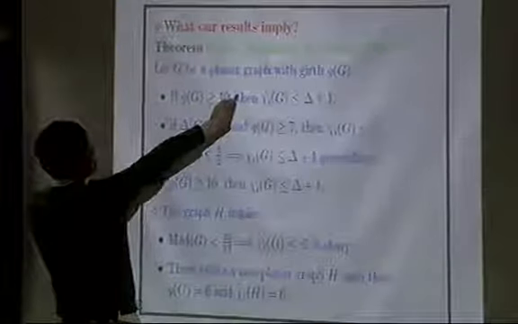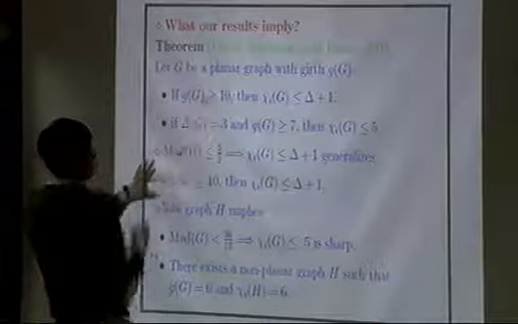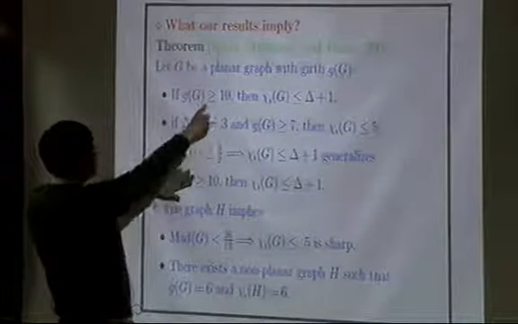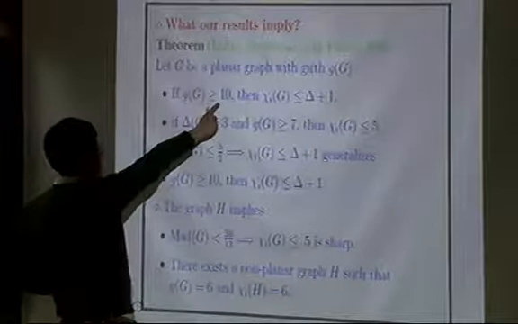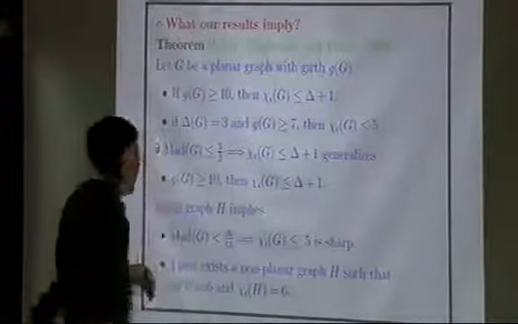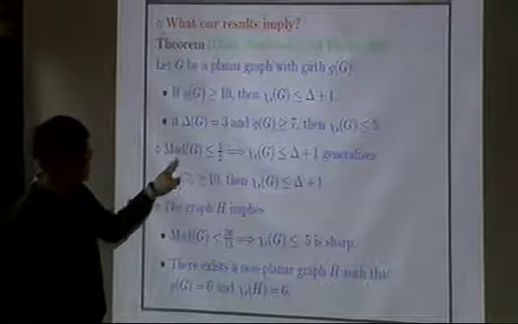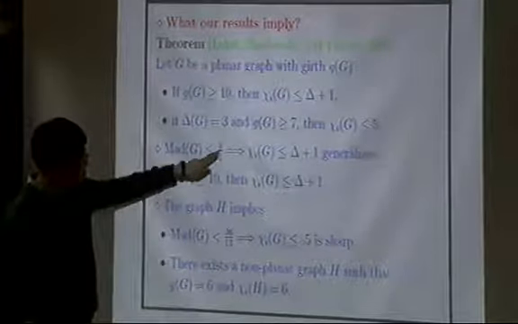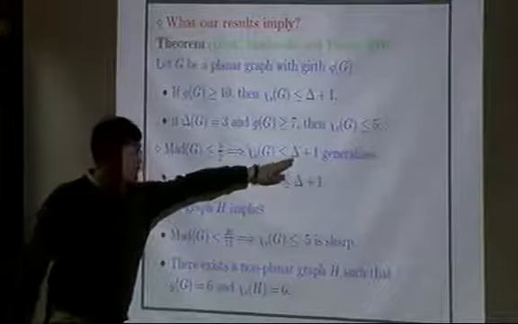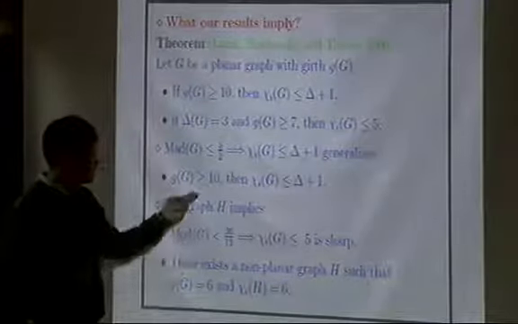Okay, this is the previous result by Czech people. They show that, okay, if girth is at least 10, then its upper bound is delta plus 1. Then our result says, if maximum average degree is 5/2, then its upper bound is the same. What's the meaning?